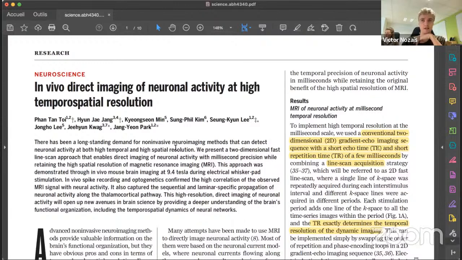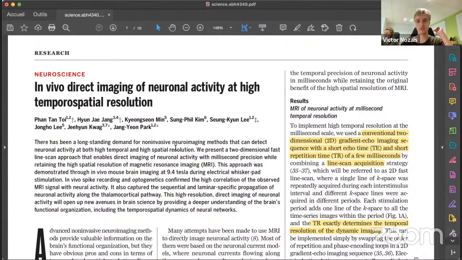But when we look at temporal resolution, we rarely go under half a second between each time point, which is fine when you're trying to see broad scale activity in the brain. But when you're trying to get to the neuronal activity, that's far from fast enough. We need to get to the millisecond.